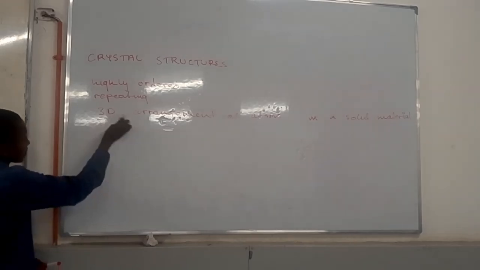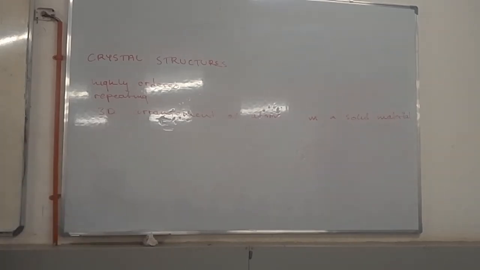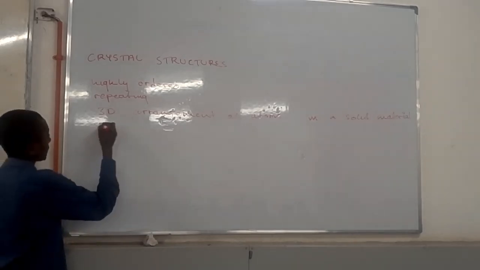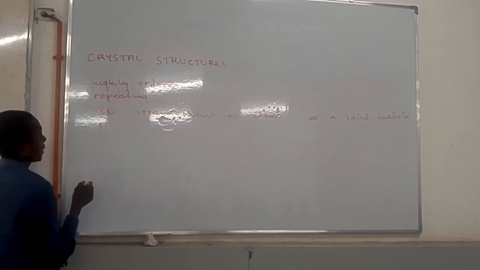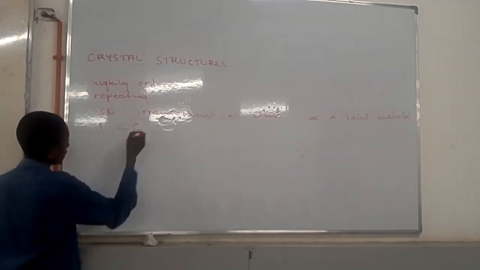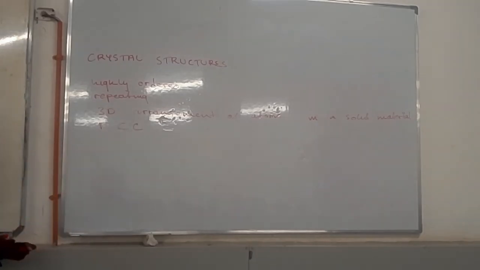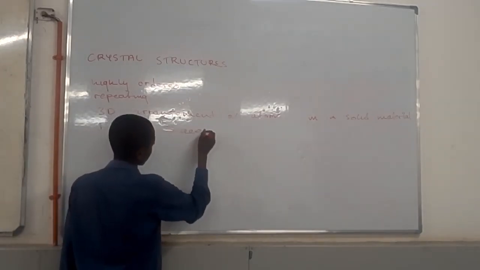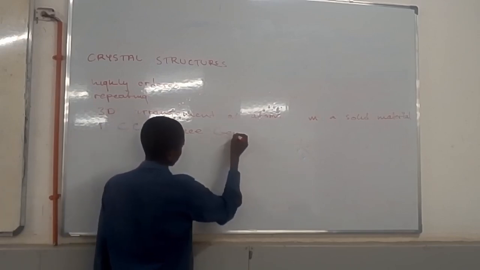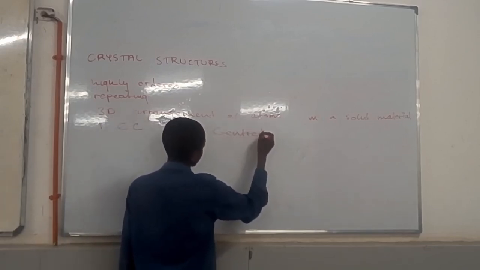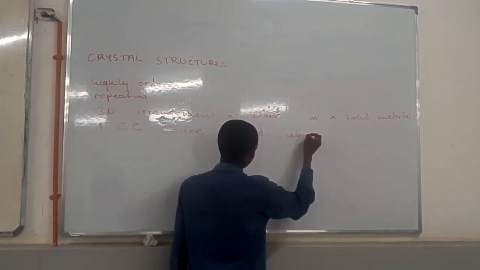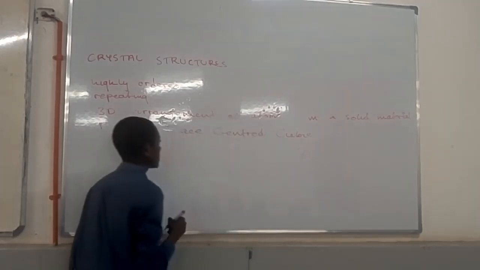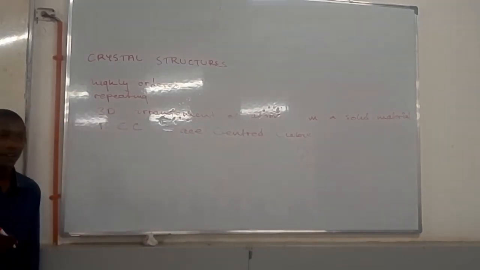So that was the simple cubic. I want us to look at a different crystal structure that we call the FCC. The FCC just stands for face-centered cubic.